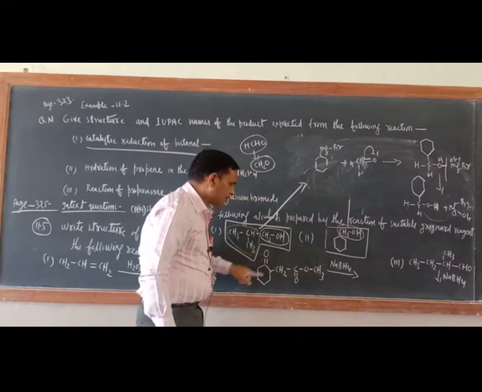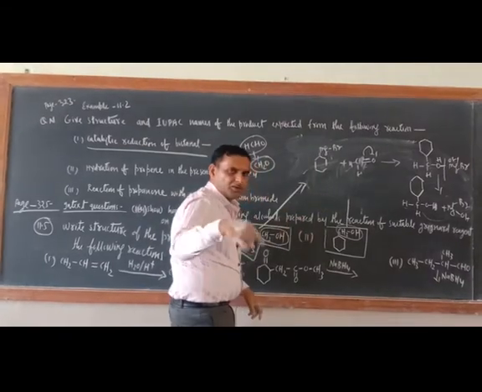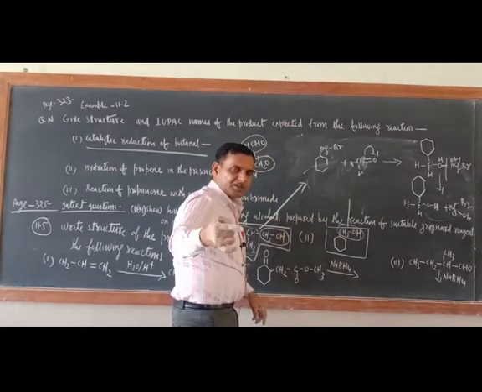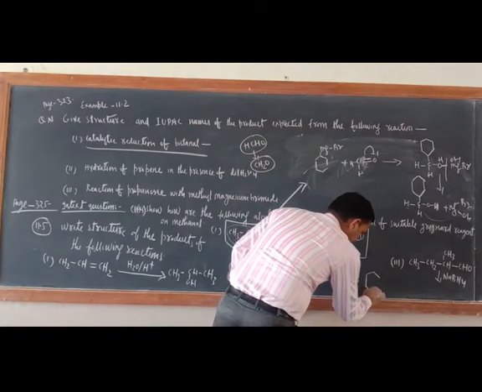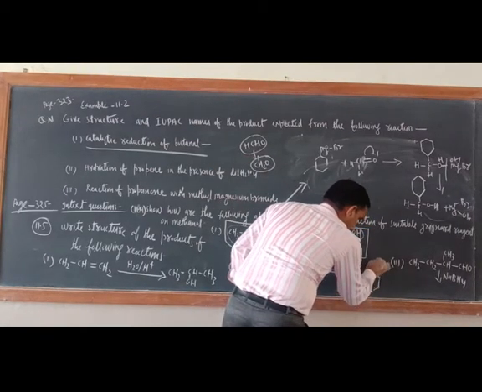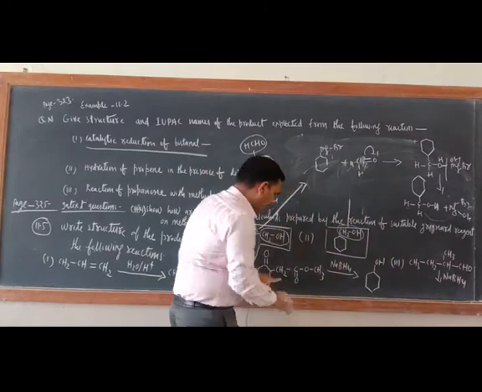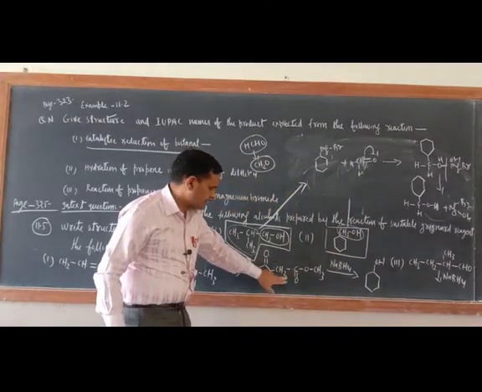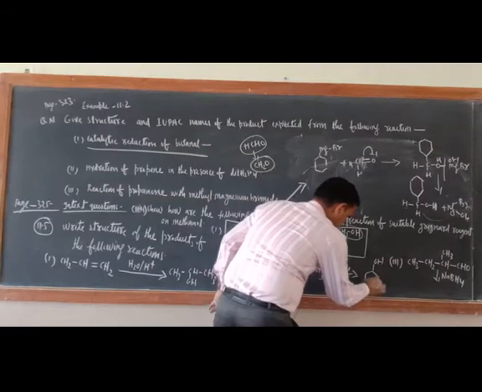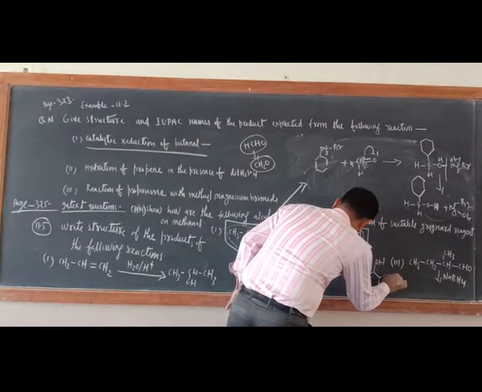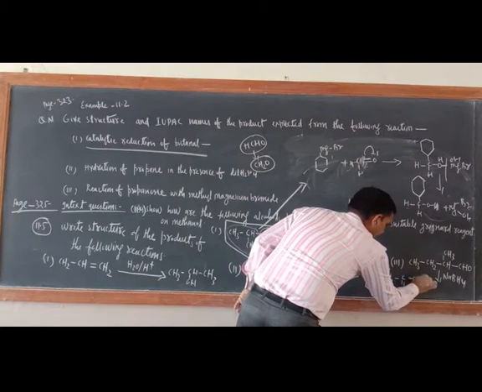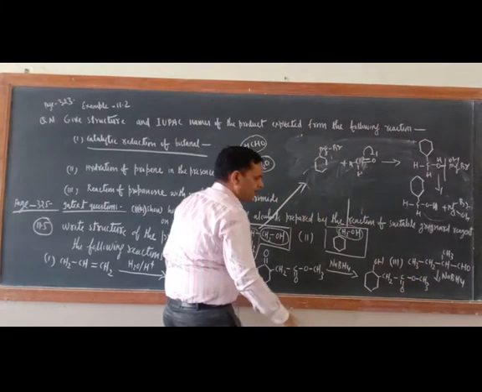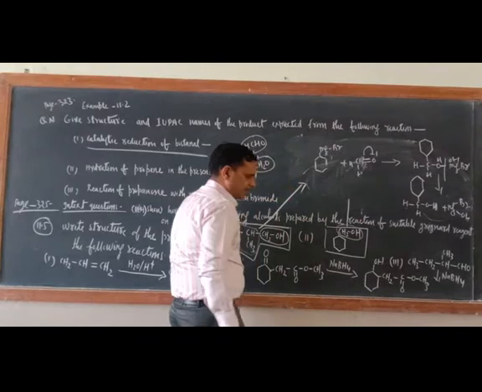Only here H will be attached because ketone can undergo reduction and form the alcohol. So what is the product here? This is the product, this one, and here OH, and this part as such you should write as such. CH2, see here, CH2, here what is there? C double bond O, and here O, and here what is there? CH3.